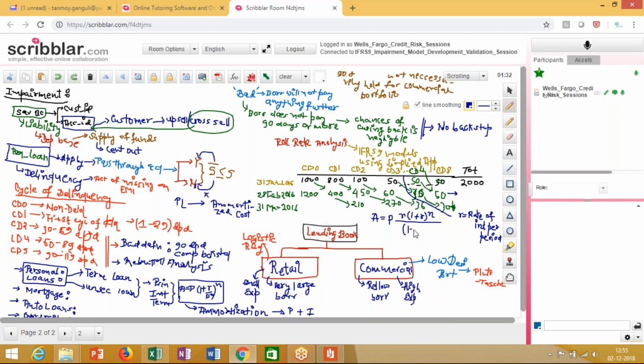And minus 1. So this is the typical formula for finding out the amount that needs to be paid per period. A stands for the amount paid per period, P stands for the principal, R is the rate of interest per period, and N is the number of payments.